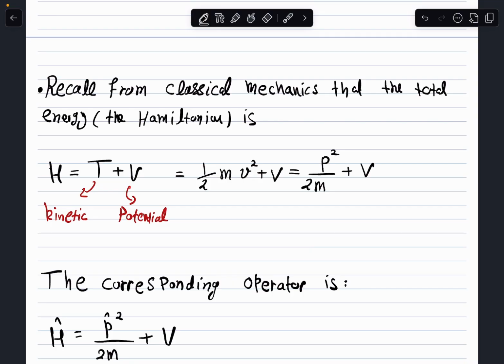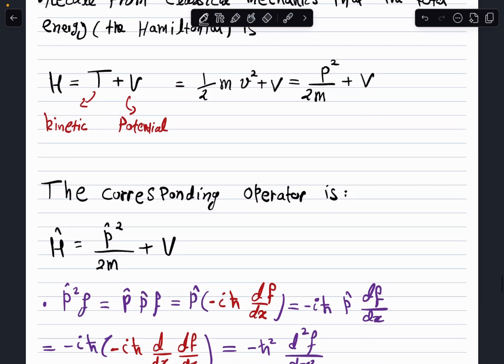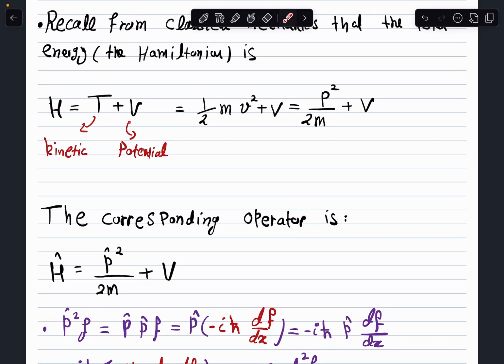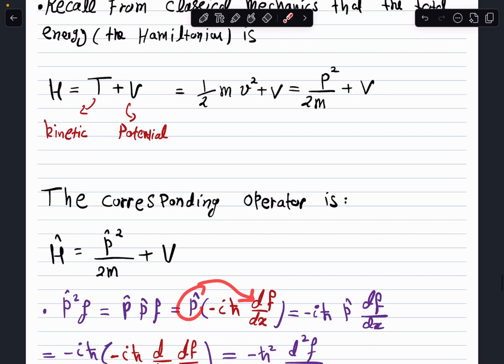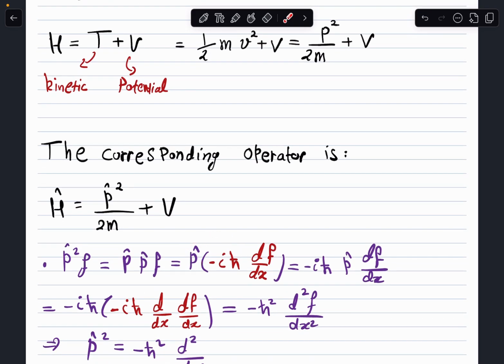So when we say the momentum operator squared, that means if we have a function f, we just apply the momentum operator to it twice. So we can write it as p times p f. We know that the operator p is minus i h bar times the derivative of f. Now we take minus i h bar outside, and we apply this to it again, so we'll get minus i h bar times the derivative again.